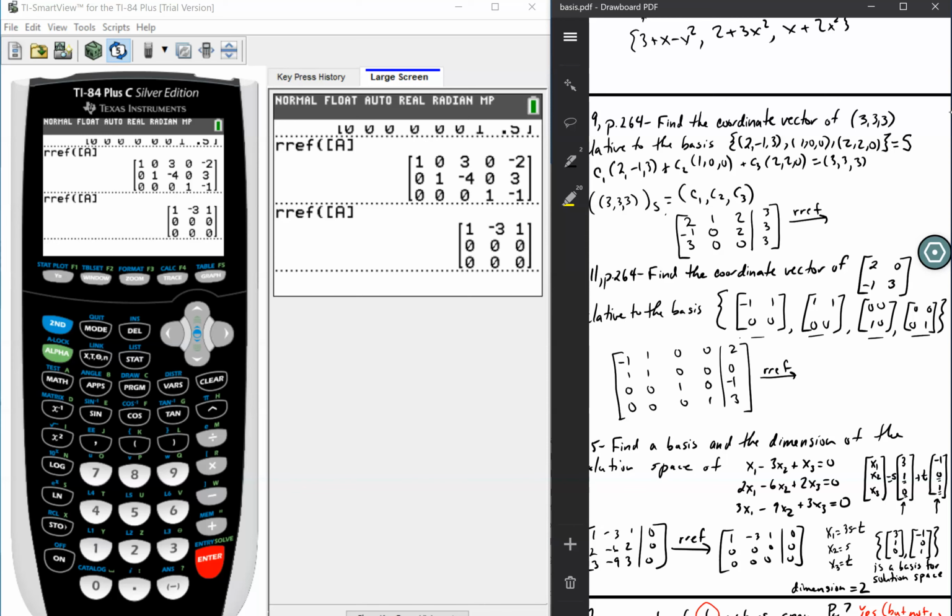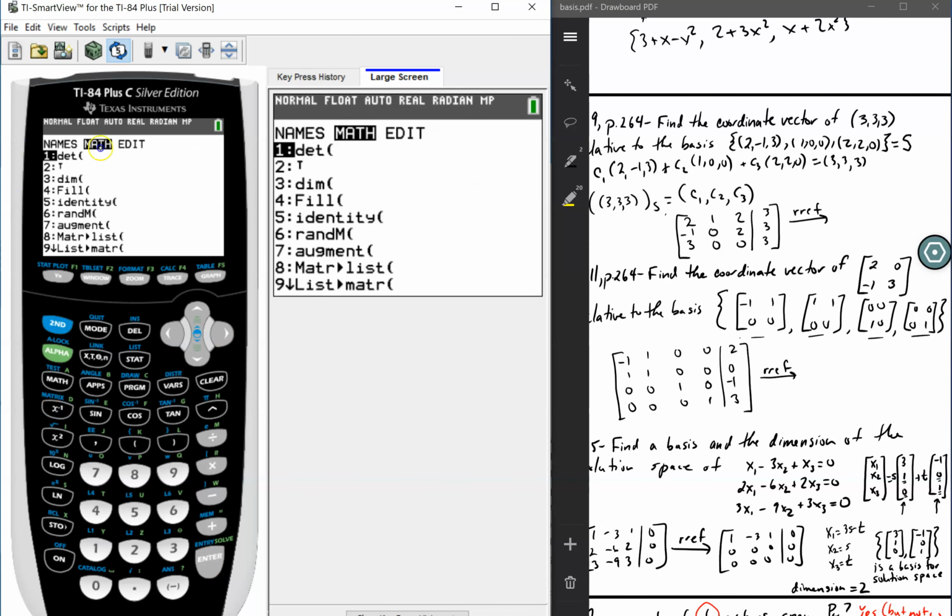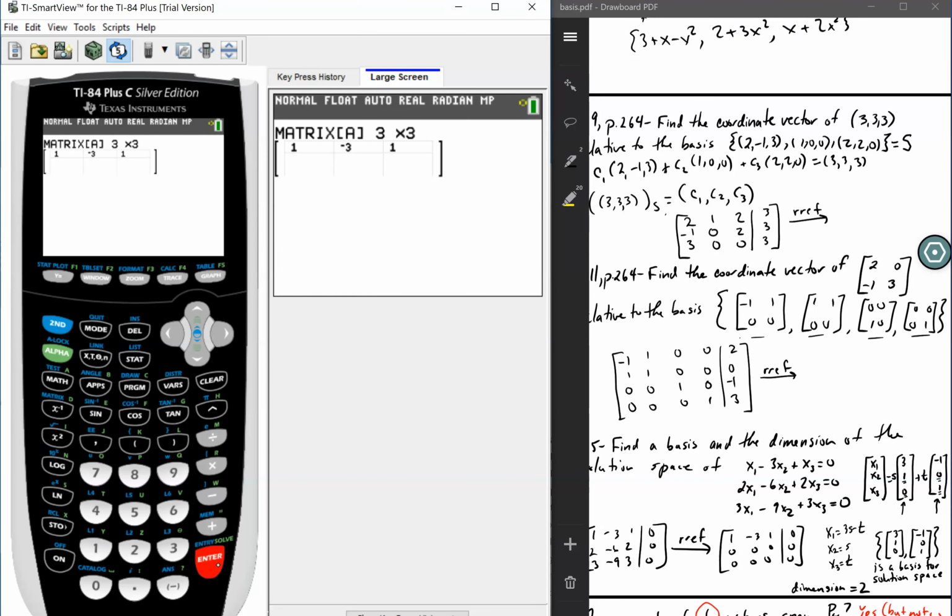Like I mentioned in class, it doesn't really matter how you put the entries in for the very first one, but once you put the entries in for the very first one in a particular order, the other ones need to match the same relative order. Okay. All right, so back over to our calculator here. Let's go to matrix and edit. I want a 4 by 5.